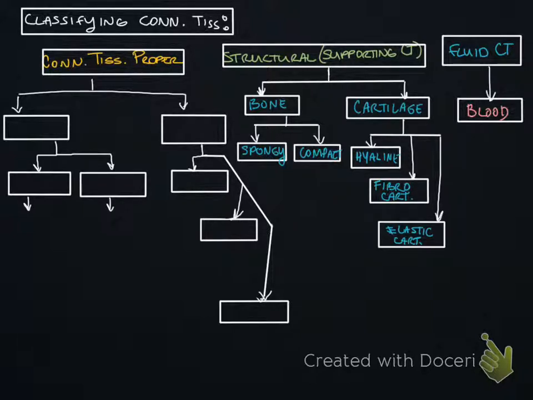Now, connective tissue proper. This is probably the type of connective tissue you think of whenever you think of connective tissue. We have two main categories, either dense or loose. So loose connective tissue proper is either adipose tissue, which is fat, or areolar.